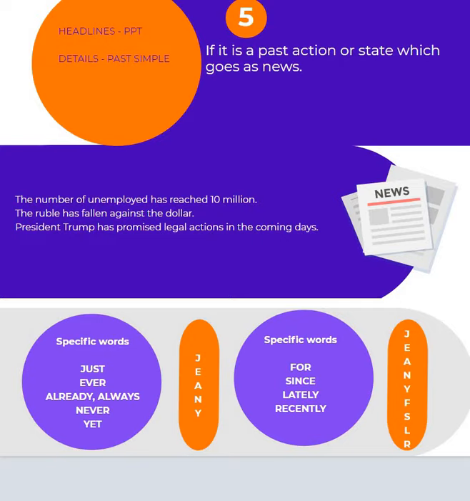Present perfect tense is usually associated with a number of specific words. They are just, ever, already, always, never, yet. If you put together the first letters of these words, you'll get the mnemonic genie.